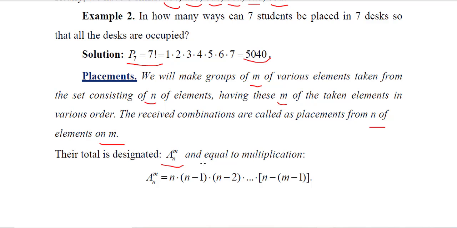So it means it's equal to multiplication n, n minus 1, n minus 2 till n minus m minus 1. So one more time, placement. So here we'll make groups of m of various elements taken from the set consisting of n elements, and having this m of the taken elements in various order. Again, we'll change their order.